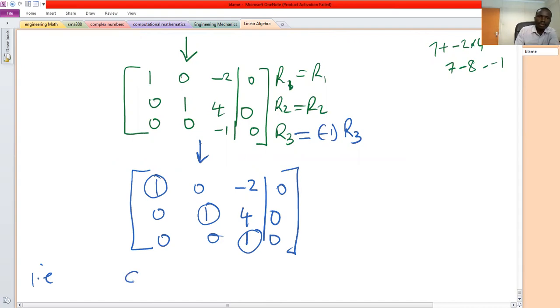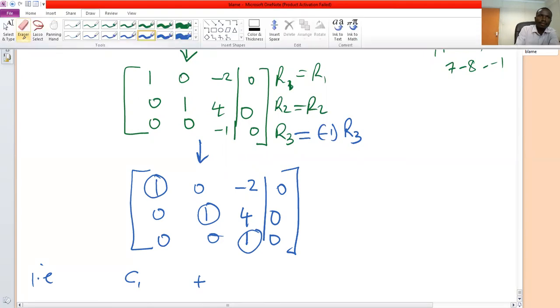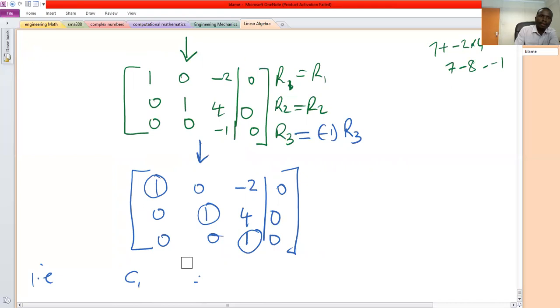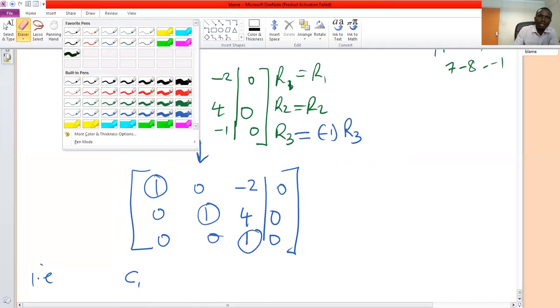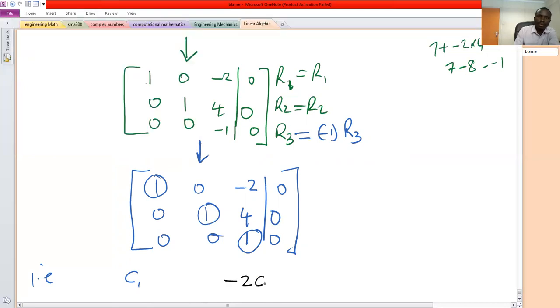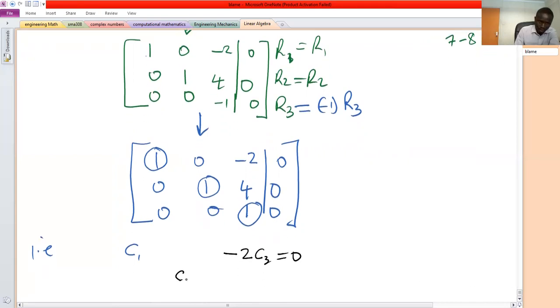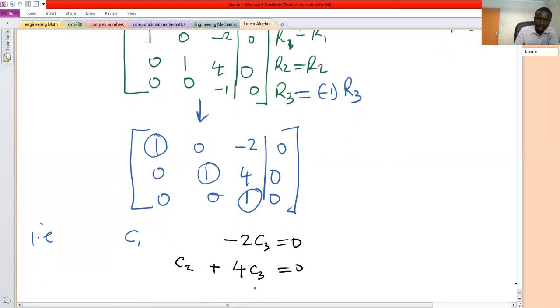So it's like we have C1 minus 2C3 equals 0 from this row echelon matrix, and then C2 plus 4C3 equals 0, and then C3 equals 0.